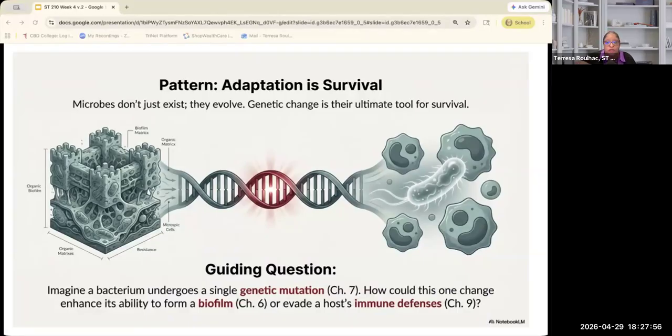So not only do you have this protective shield, it's also able to bob and weave and evade the immune system. If a bacterium survives the immune response, what does that mean for infection duration? Acute or chronic? This is important because that distinction matters clinically.